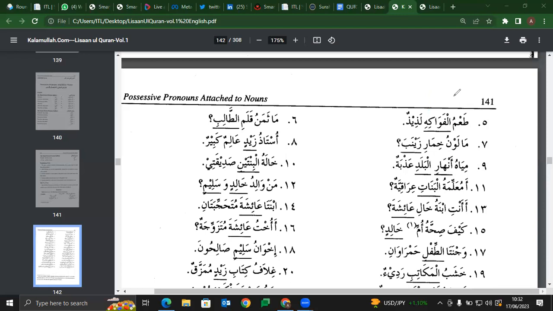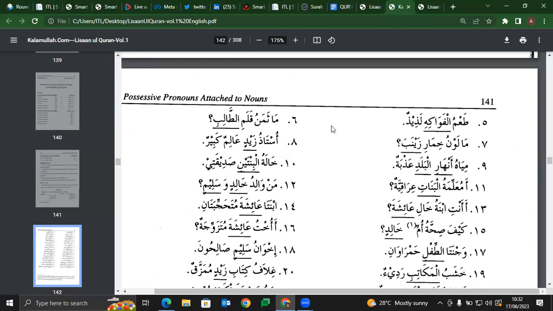If we are dividing this and saying al-fawaki is mudaf and the ha is its mudaf ilayhi, I don't need to put that ha there, because that is already mudaf ilayhi.